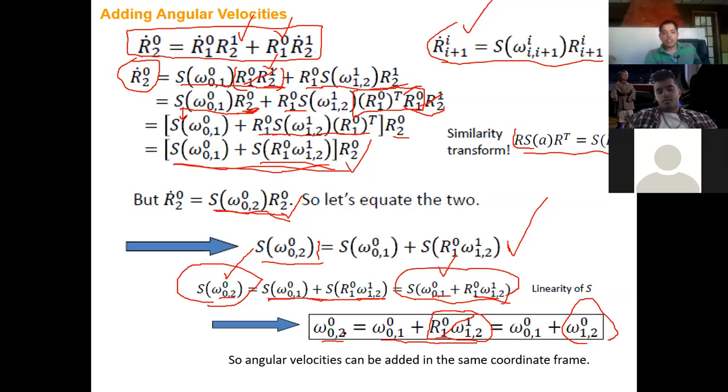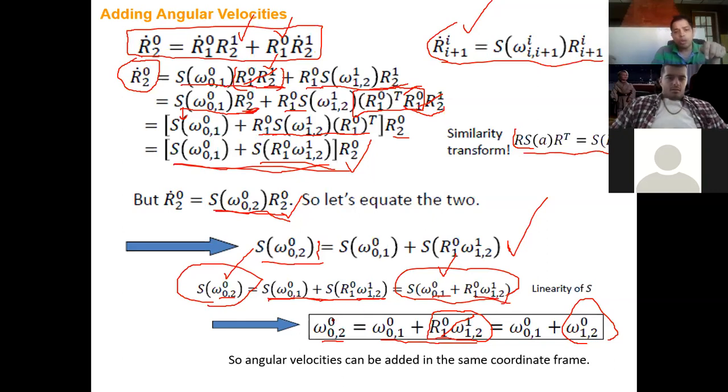Now what did you get here? Look at this. So angular velocity of frame 2, meaning the nth frame, right? Because we just have 2 links there. Angular velocity of the nth frame with respect to base frame written in terms of base frame is equal to angular velocity of the first frame with respect to 0 frame written in 0 frame, plus angular velocity of the second frame with respect to first frame written in 0 frame.